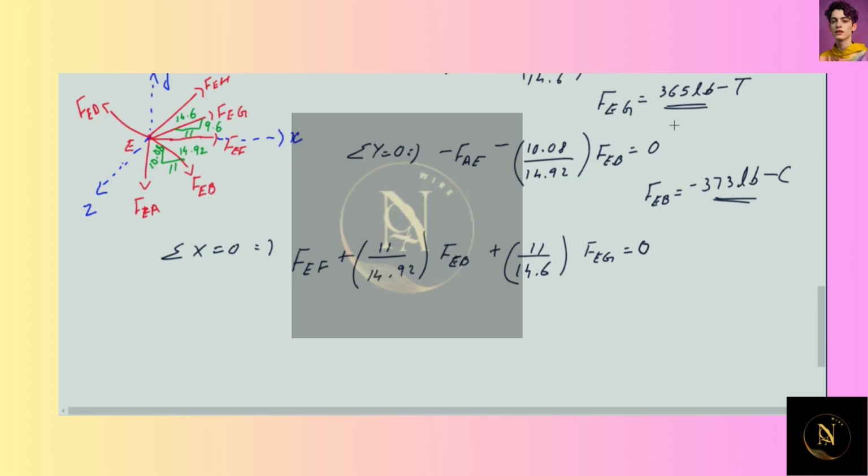We calculated the values of FEG and FEB. Substitute those values in this equation. That gives you the value for FEF, and that will actually be 0.